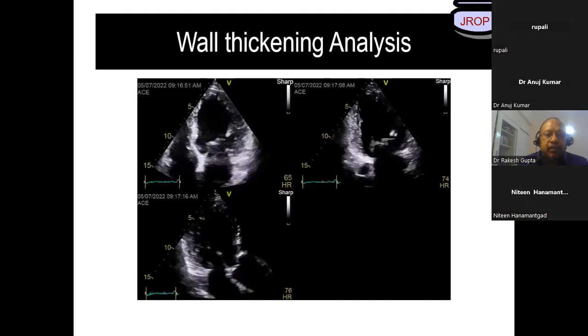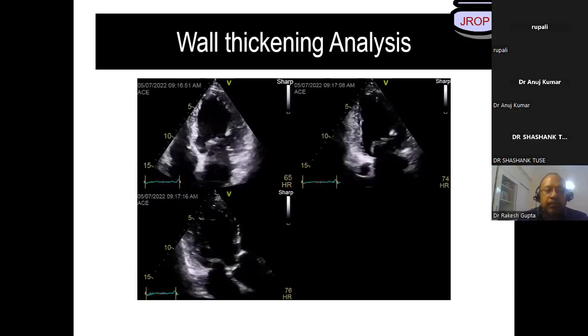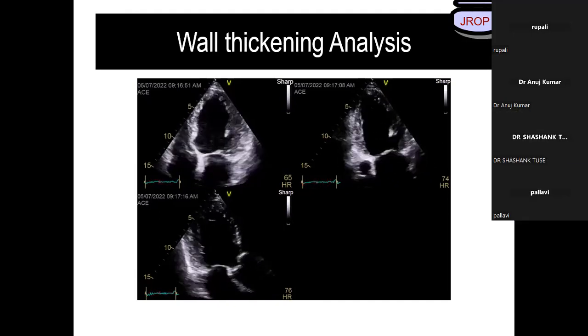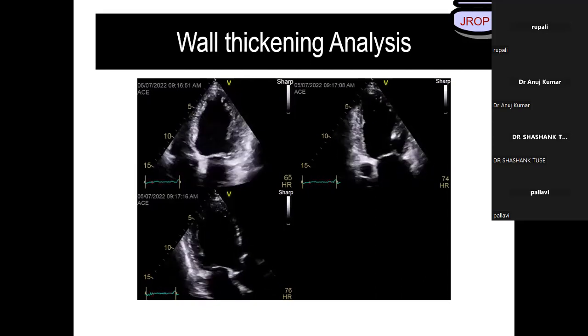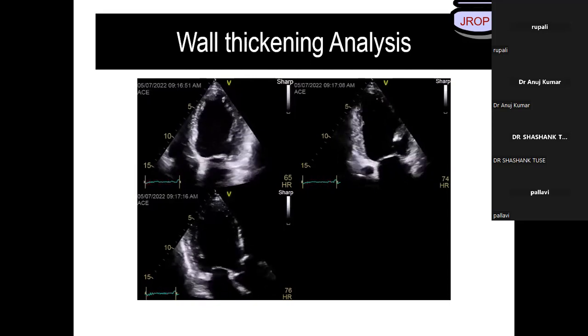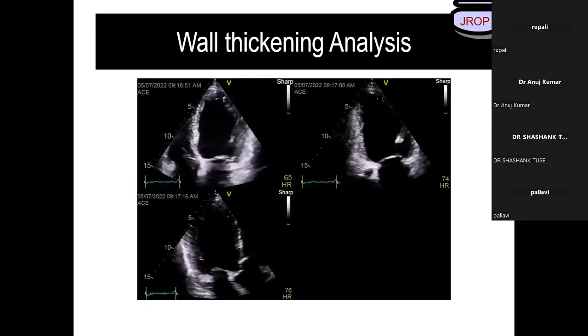And sir, I also feel that there is a papillary muscle abnormality in the first picture. No, Nitin, I'm just asking you the wall thickening abnormality. And sir, there is also thickness of the basal segments in the first picture, sir. Basal segment, which basal segment? That is the basal anterolateral segment, sir.